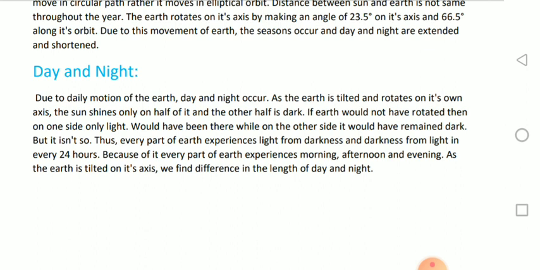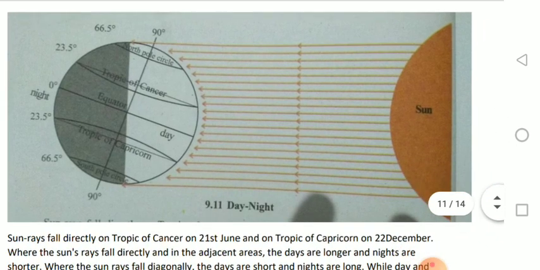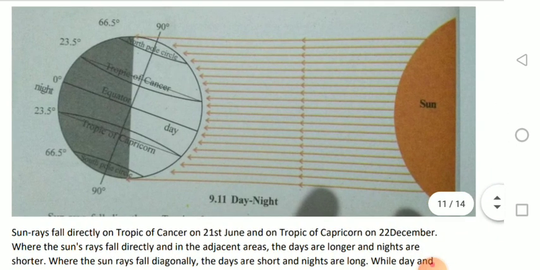And in the summer the days are long and the nights are short. See these pictures, day and night, the half of the earth area is dark and the half area is light because of this rotation.